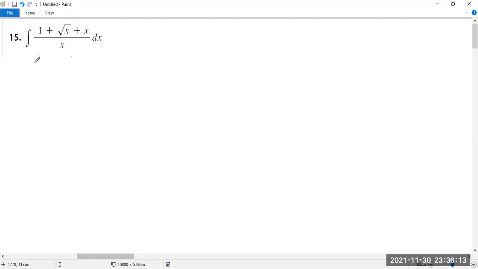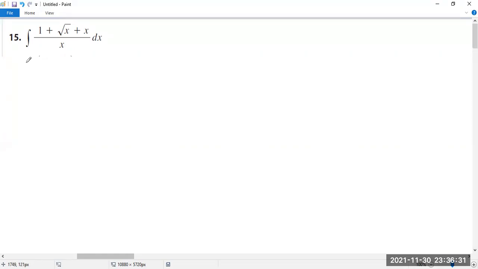But interestingly enough, a very dependable pattern is that when you're looking at an integral and you have multiple terms on top and one term on the bottom, it's almost always easier to break up the fraction by using the common denominator.